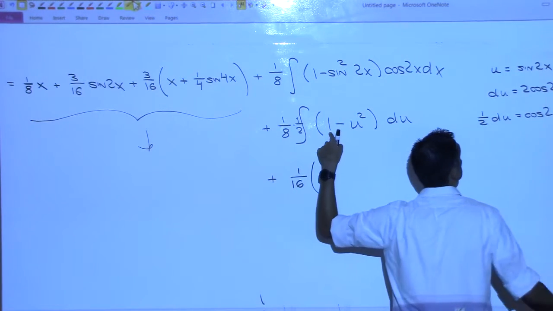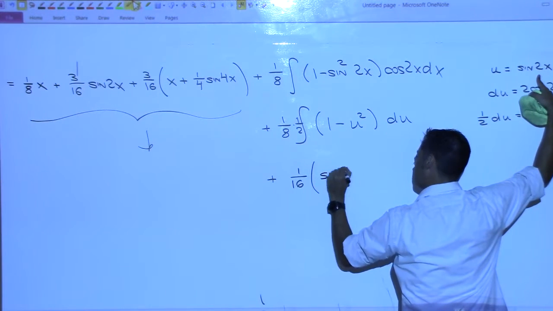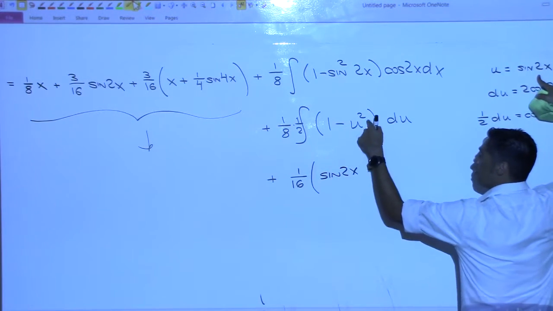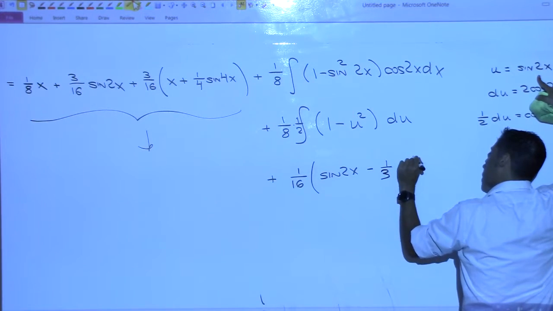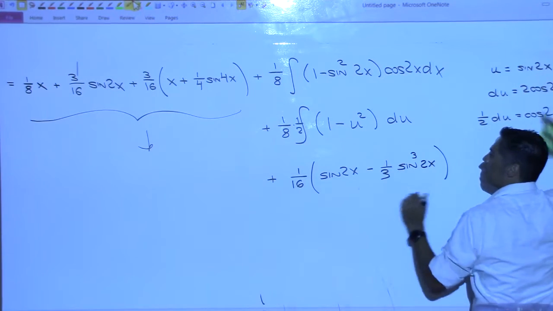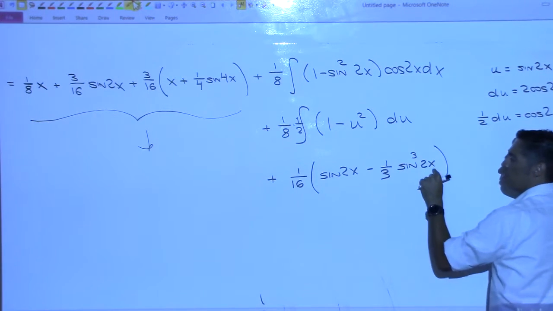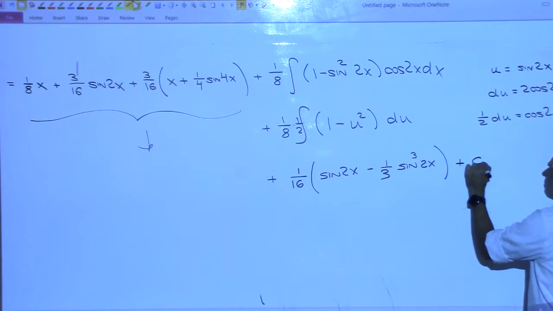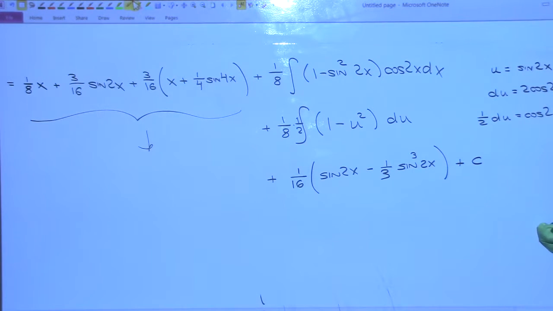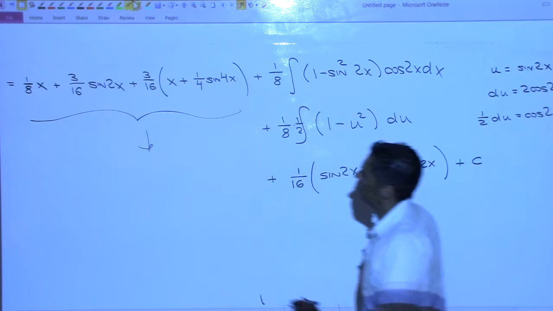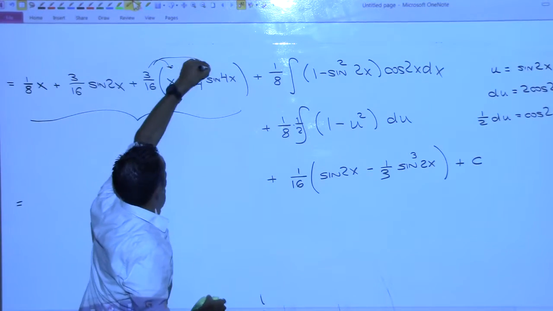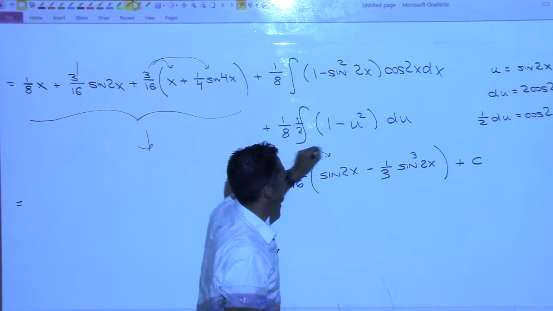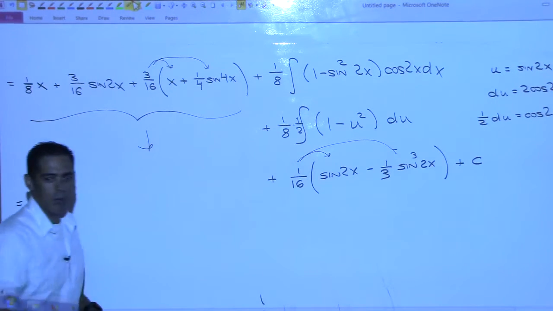And what is u? Sine 2x. Minus antiderivative of u squared, 1/3 u cubed. But what was u? Sine 2x cubed. So this is going to be u minus 1/3 u cubed, and then plus c. And then all that stuff out front. And we're still not quite done. I'm going to take this stuff out front, distribute this constant through, and distribute this constant through this one. And at that point, we will almost be done.